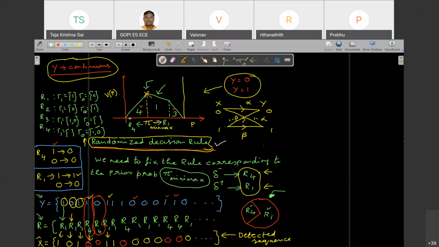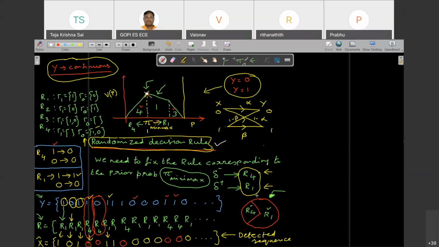And coming back to the original track, as I told you, we are interested in freezing the rule corresponding to the peak point. But what can I fix at this peak point? We cannot fix R4 or R1 just like that, because it is a transition point. We have to go for the randomized decision rule, where we use both R4 and R1, but we need to know the probability that R4 is to be used and the probability that R1 is to be used.